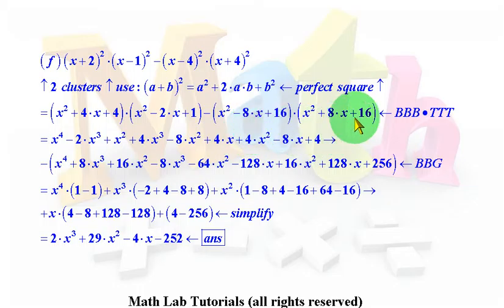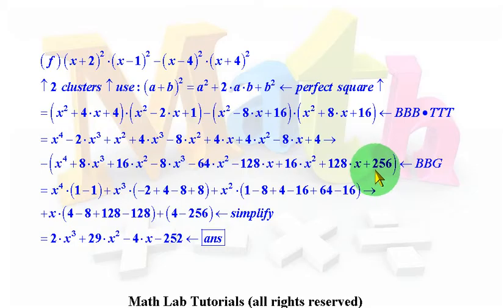Minus 8x·16 is minus 128x. And then I think we're done with that. And we go to the last bullet. 16·x squared will give you 16x squared. 16·8x will give you 128x. And then 16·16 will give you plus 256.